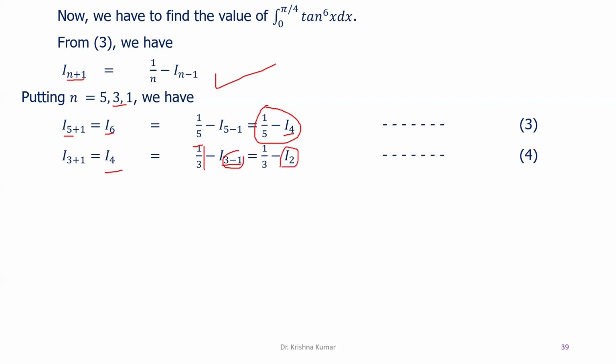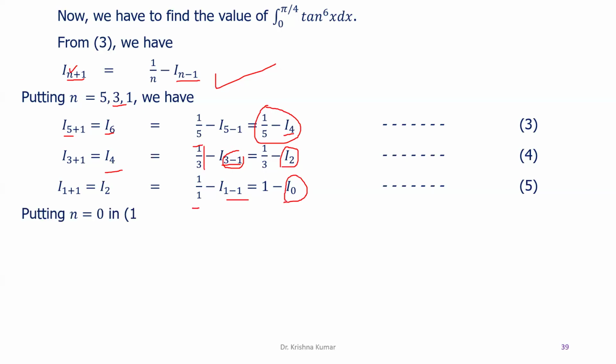Let us again try to find out the value of I2. For this purpose, we have to put n equal to 1 over here. So I(1+1) equal to I2, which gives us 1 upon 1 minus I(1-1), because n is equal to 1, so 1 minus I0. So how to find the value of I0? Since we have n equal to 0, we have to put n equal to 0 in equation number 1. What is equation number 1?